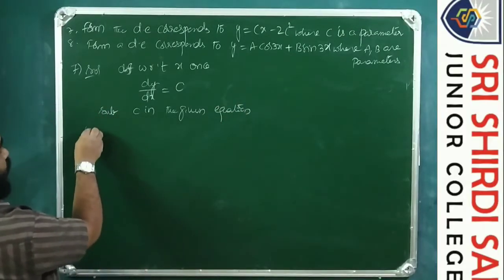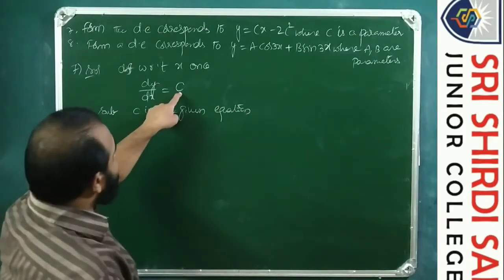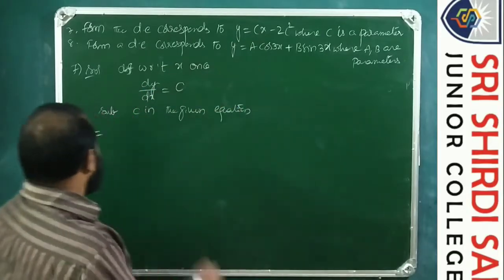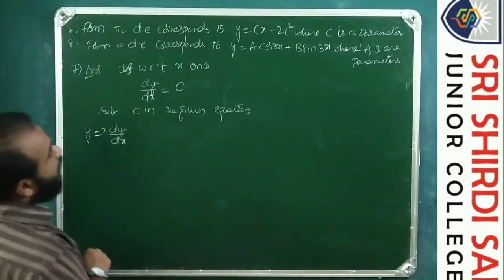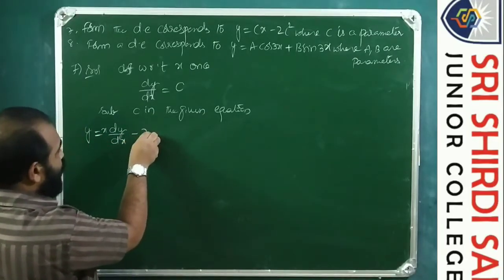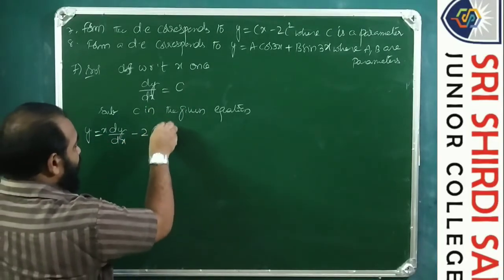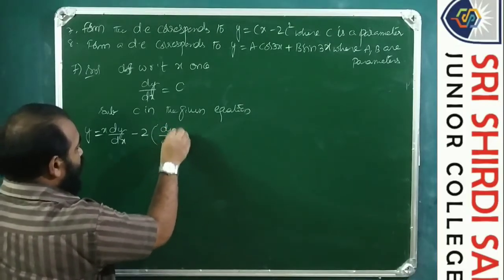So y is equal to c, which is dy by dx, into x. So y equals x dy by dx minus 2c square, minus 2 into c which is dy by dx, whole square.